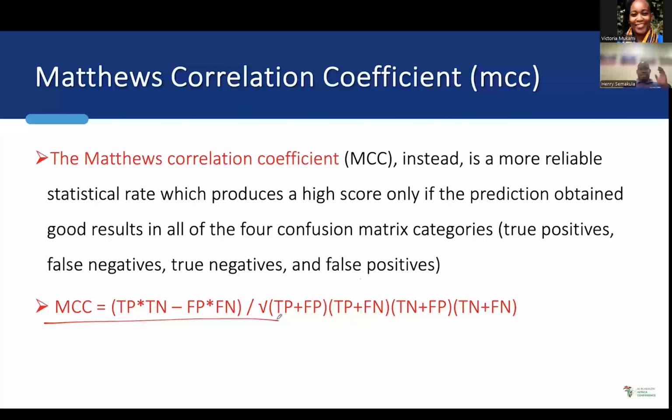You get the product of the true positives and the true negatives, minus the product of false positives times false negatives, divided by the square root of everything. Definitely you can derive this from the confusion matrix after understanding the 4 elements: the true positives, true negatives, false positives, and false negatives.